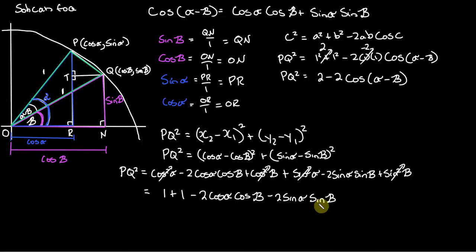And so this is an interesting result, I think. You can say, well, this is 2, so it's 2 minus all of this. And of course, this is PQ squared. We most certainly cannot simplify this anymore. Can we? No, there's absolutely no way that we can do that.